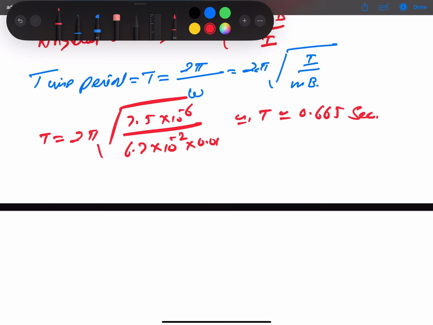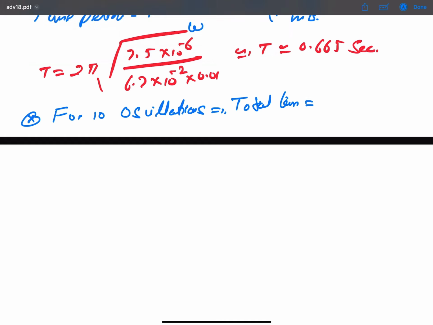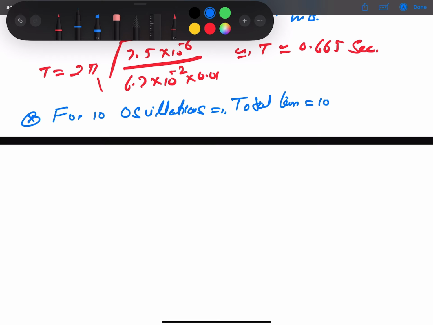So for 10 oscillations, the total time is equal to 10 times T, which gives us 6.65 seconds.